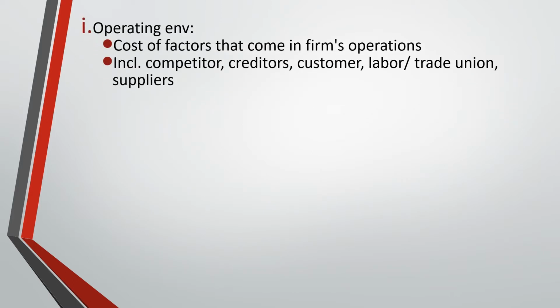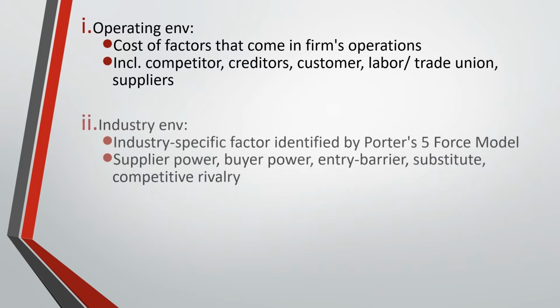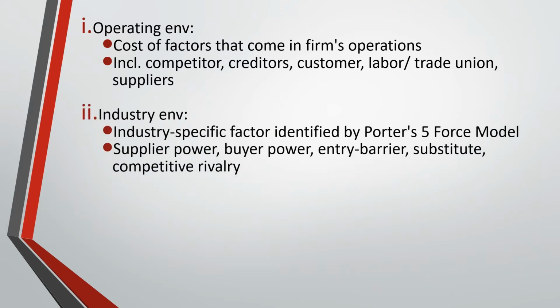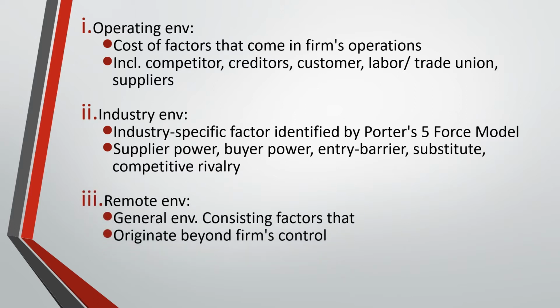So operating environment: the factors that come in the firm's operations, which include competitors, creditors, customers, labor and trade union, and suppliers. Industry environment has industry-specific factors identified by Porter's 5 force model: suppliers' power, buyers' power, entry barrier, substitute, and competitive rivalry.